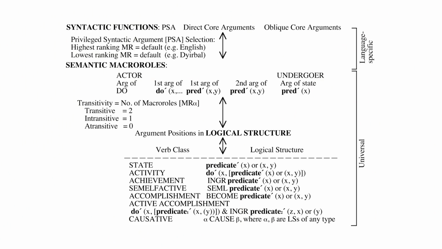Well, I know that another part of Role and Reference Grammar, because I have another page from your PDF, talks about the six different classes. So you have states, activities, semelfactives, achievements, accomplishments, and active accomplishments, and these are a core part of RRG. Is that right? These are called Aktionsart distinctions, and Aktionsart is just a German word that means form of action.